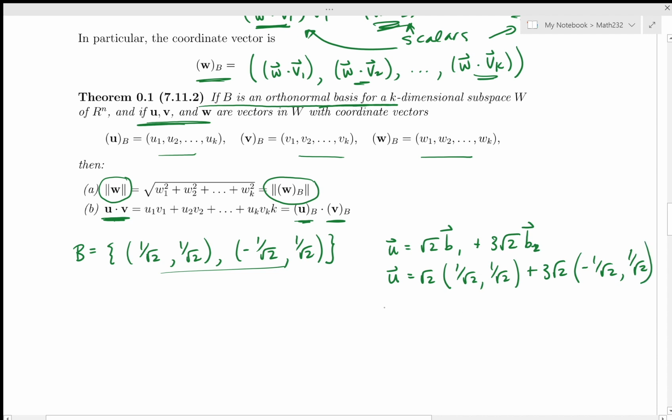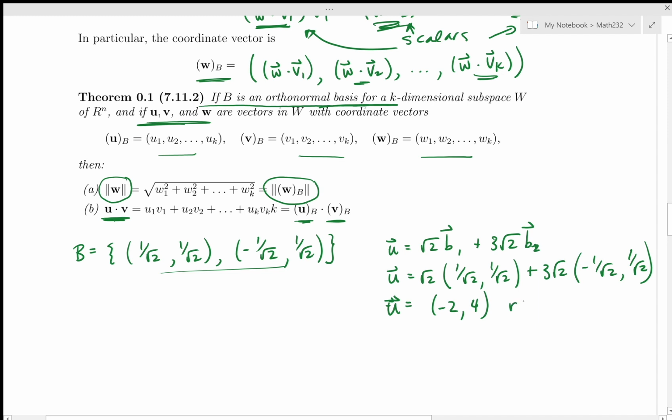What does that work out to be? U works out to be: 1 minus 3 is minus 2, and then 1 plus 3 is 4. So there's U.